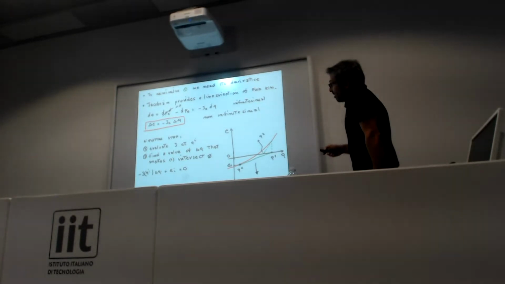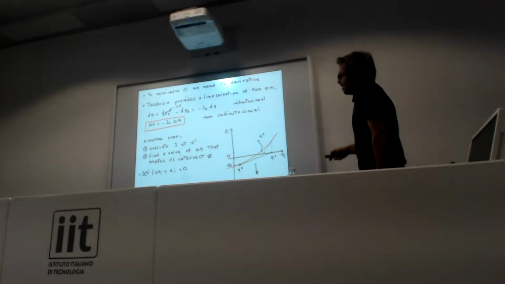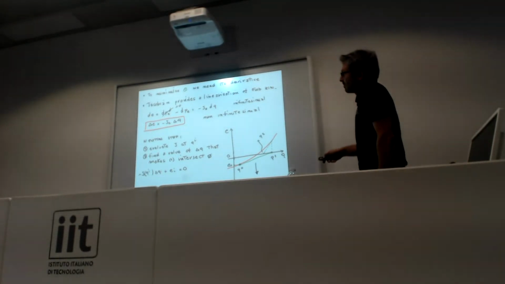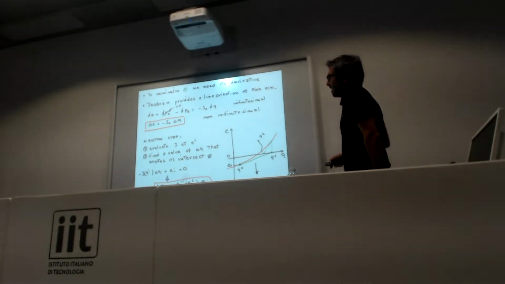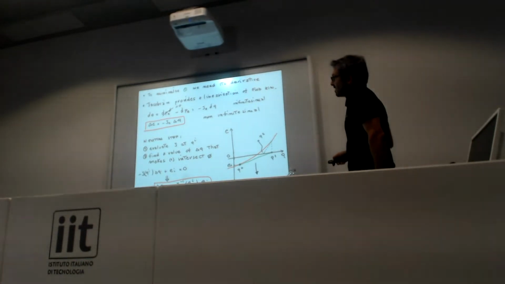This is the error function, let's say, computed in function of the joint positions, and the Jacobian is like a linear approximation of this error function we saw here. So we find the intercept between this equation and 0. We want to find the delta Q for which this is true. We find this delta Q by inverting the Jacobian, minus J inverse times the error, and we apply this delta Q, we move here, and we repeat the evaluation.